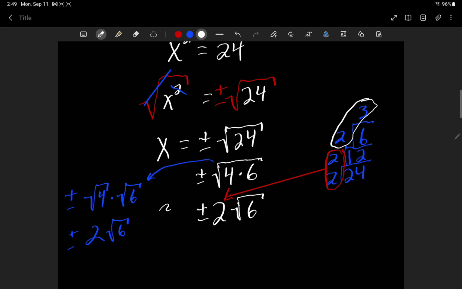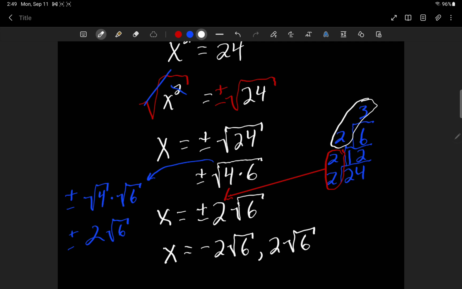So again, x is equal to plus minus 2 square root 6, and we could write it like this. The software should take this, assuming there's a plus minus button. If there isn't, you would write it like this: positive 2 square root 6, comma, negative 2 square root 6.